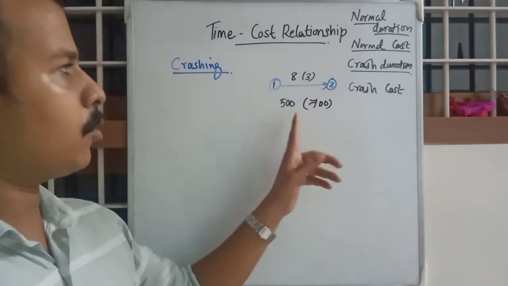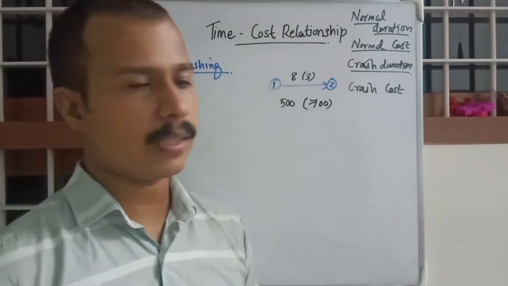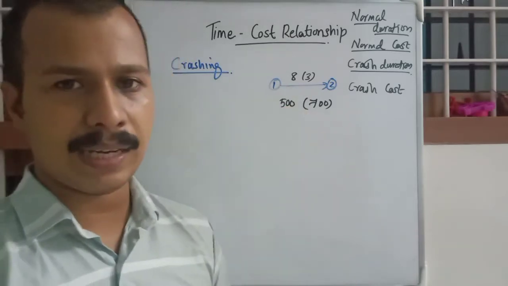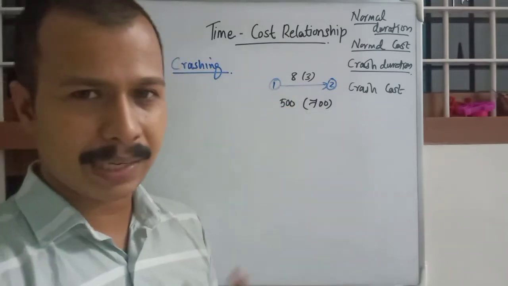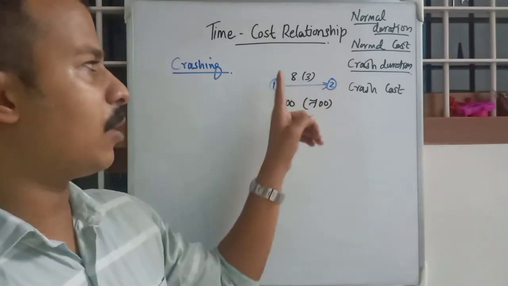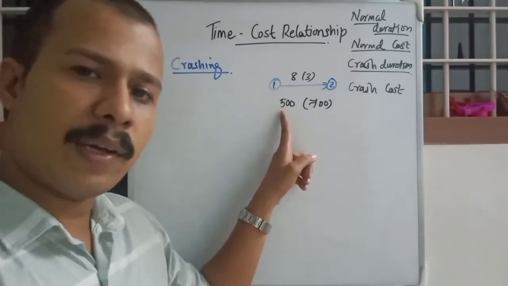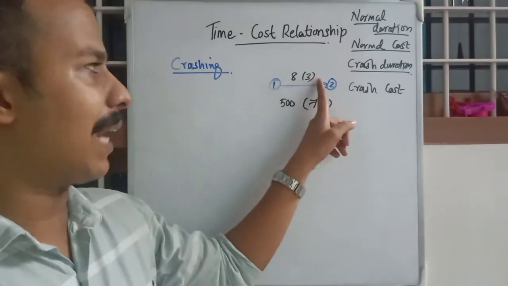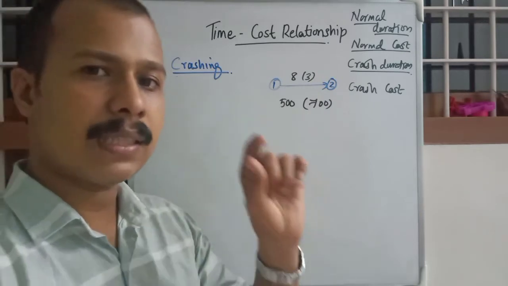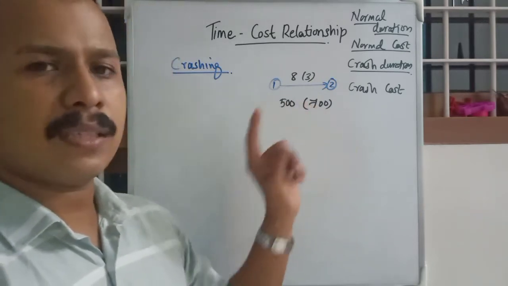So you will have to endure plus 200 for this particular activity as a whole, not per day or anything. If this 1-2 activity was done in normal duration, it would cost only 500 rupees. But if you are crashing it within 3 days, you will have to pay 700.